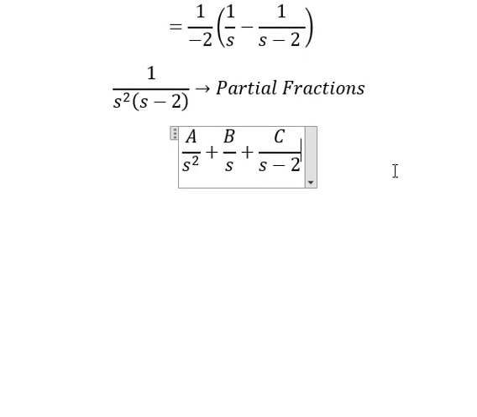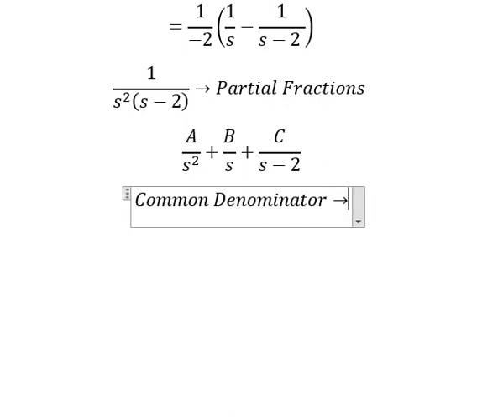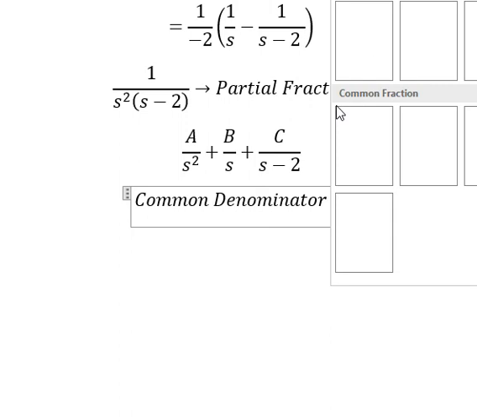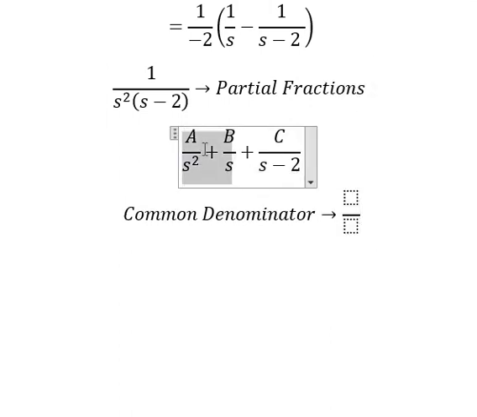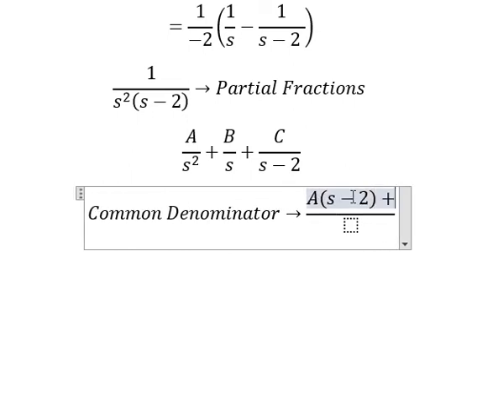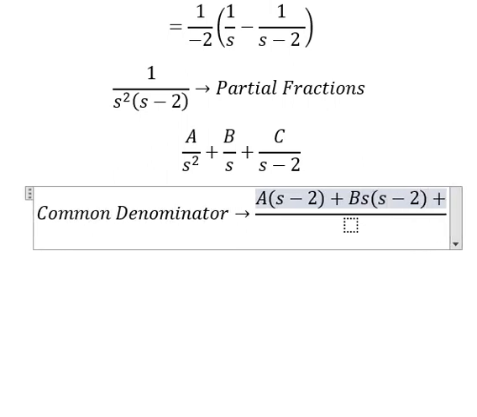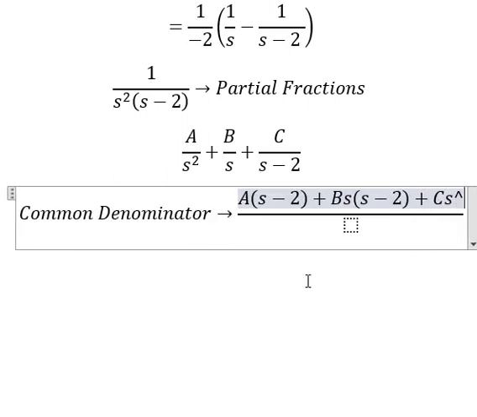And now we do common denominator. So this one is missing s minus number 2. So capital A multiplied by s minus number 2. About this one, it is missing s and s minus number 2. About C, that is about s squared.